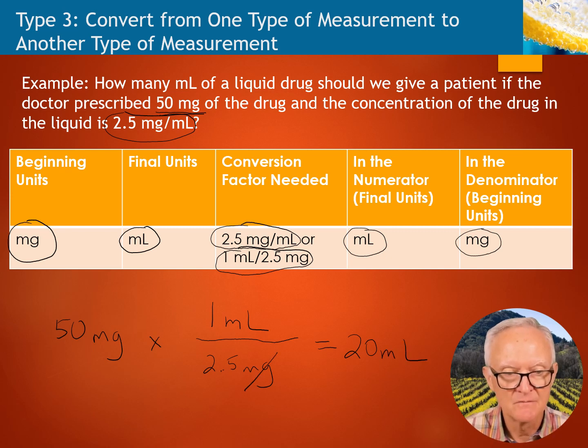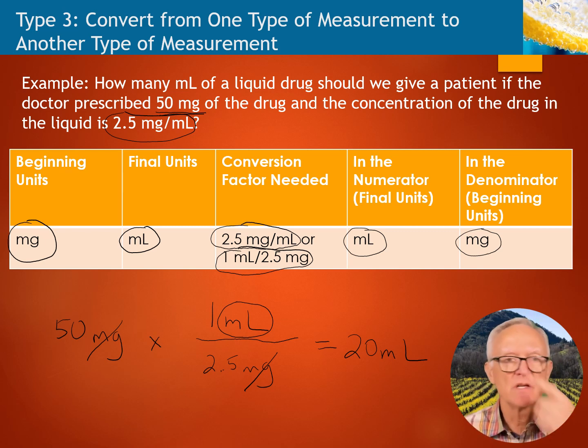Milligrams cancel, and we're left with milliliters as our units. So we multiply 50 times 1 divided by 2.5, we get 20, and 20 mils is the answer. So we've converted from milligrams to milliliters, and that's the third type of conversion factor.